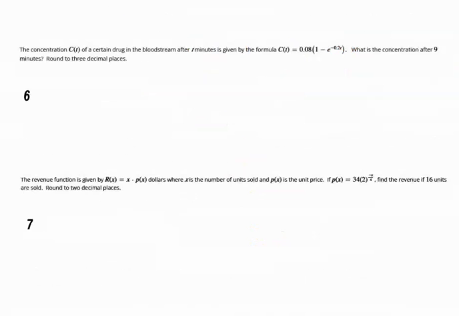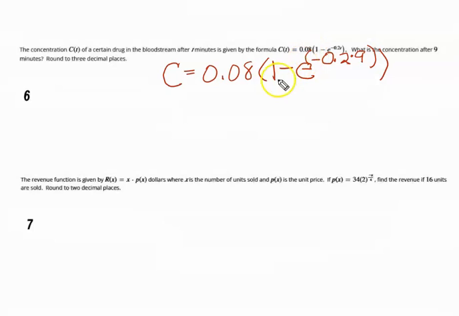All right. Number 6, again, give you a moment, pause, and see if you can come up with the proper substitution into the formula. Something like this. So there's the 0.08.